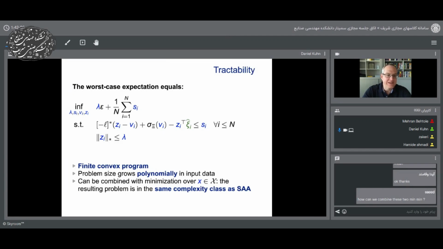When I made this derivation, I suppressed the x, but now we can introduce it again. So the L depends on x. And now I just combine the minimum over x with the minimum over lambda, si, vi, and zi, into a single minimum over x, lambda, si, vi, and zi.